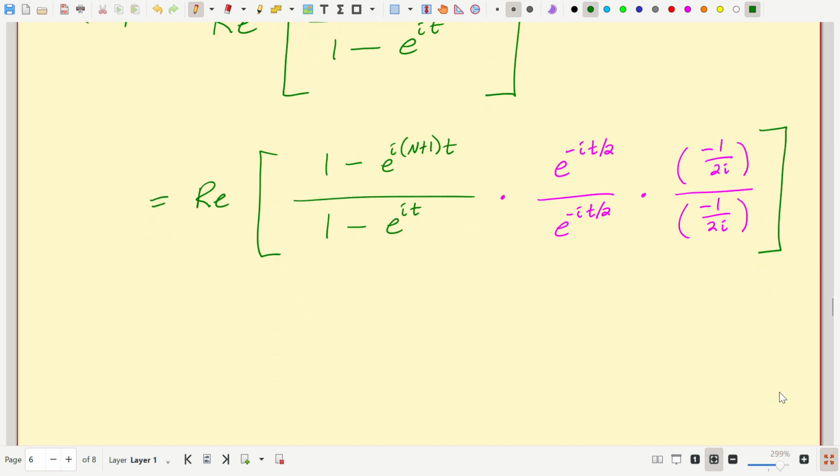Okay, so that's going to give me something real in the denominator, which is going to be convenient. What's it going to be? e to the it over 2 minus e to the minus it over 2, divided by 2i.